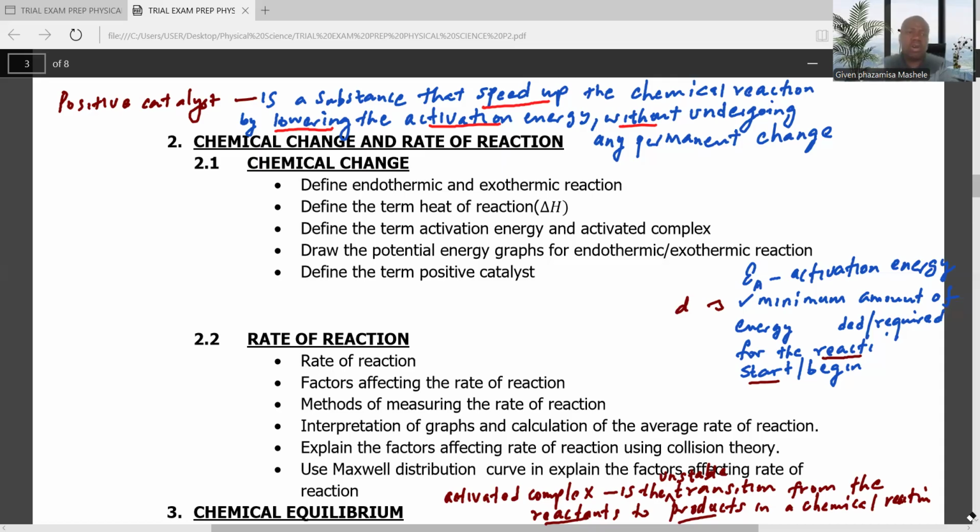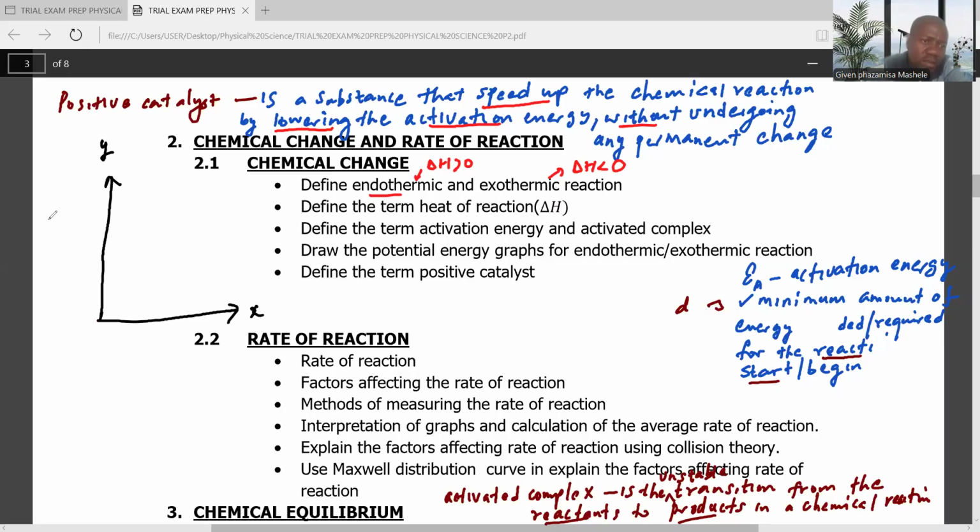Right. Let's now talk about the potential energy graph for endothermic. Remember we said that where we have an endothermic reaction, delta H should be bigger than 0. But for an exothermic one, delta H should be less than 0. So when we construct our potential energy graph, I'll take this as the y-axis and this as the x-axis.